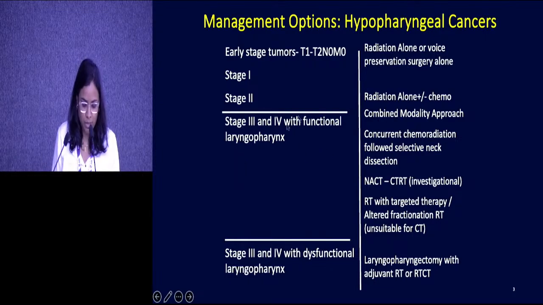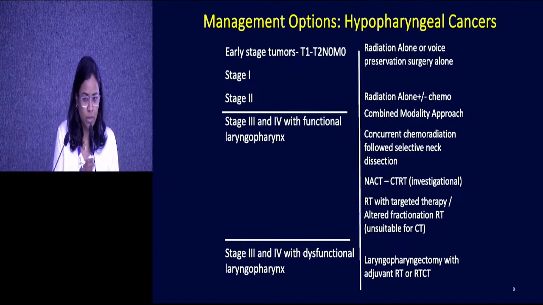Similarly, in hypopharyngeal cancers today, we try to preserve function wherever we can, in stage 3 and 4 disease with a functional laryngopharynx, and here the modalities include either concurrent chemoradiation or NACT followed by radiotherapy or chemoradiation. In this talk I try to cover how the evidence has evolved over time and what the future is going to be.